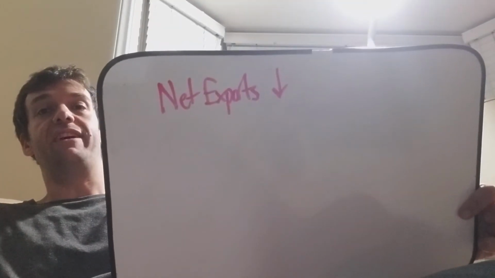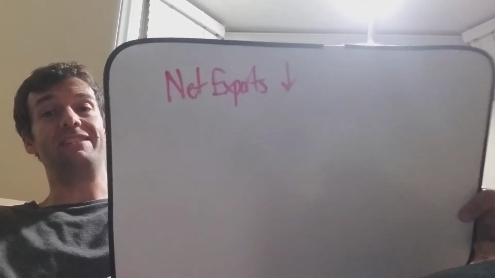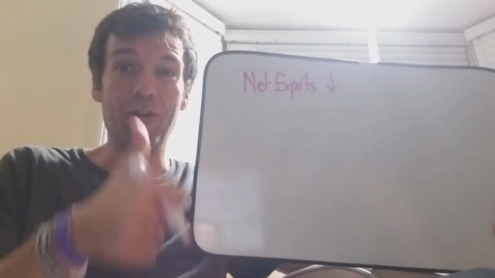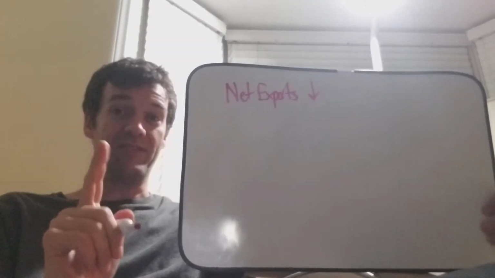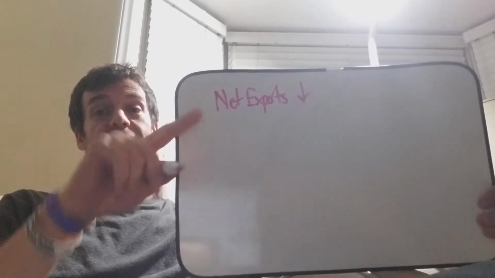So therefore, for part A, I would say net exports is what I want, and it would be a decrease there, simply because my net imports have gone up. Okay, I've imported something, haven't exported a darn thing, therefore net exports have gone down. That's what I'd say for A.